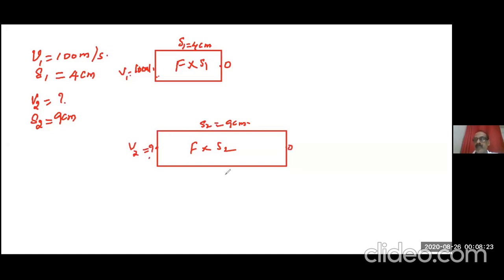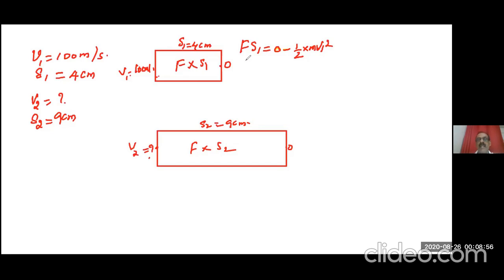That's the question. So first let us write the formula for the first one. F into S1 is equal to change in kinetic energy. Final kinetic energy 0 minus half into mass, same, m V1 squared.